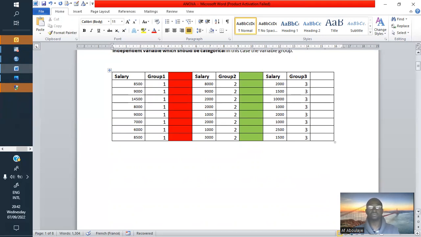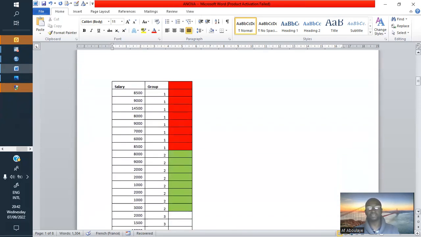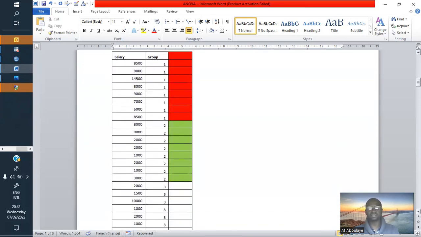So this is what we are doing with ANOVA. Before that, to run it in the software, you need to arrange the data so that you have only one quantitative variable, which is salary here, and on the other side the group. This becomes a categorical variable with group one, group two, and group three.